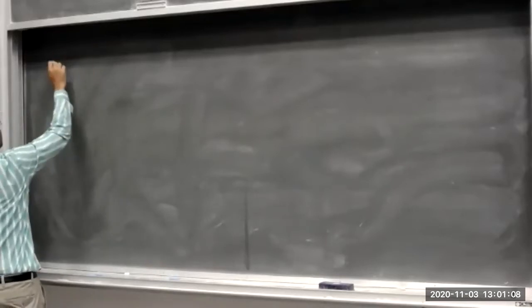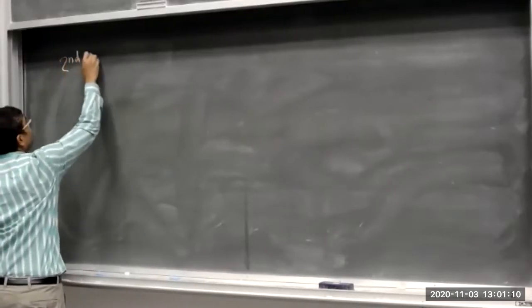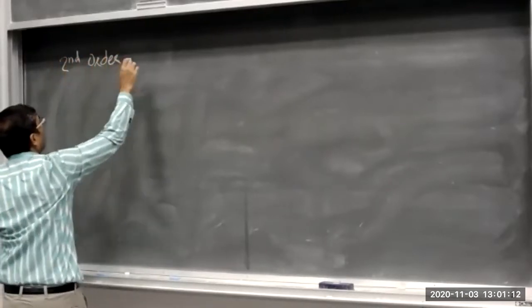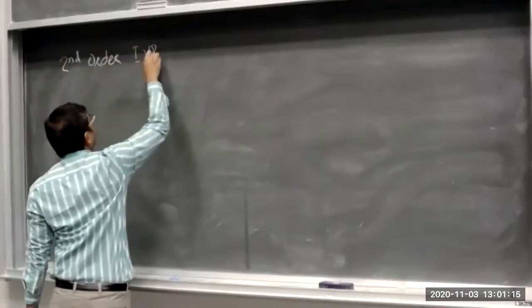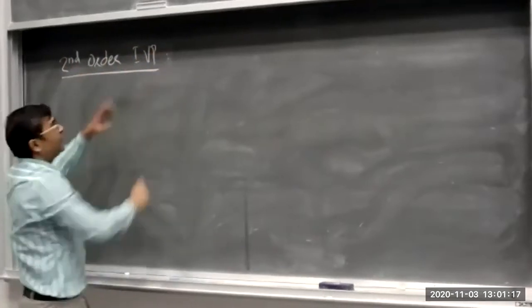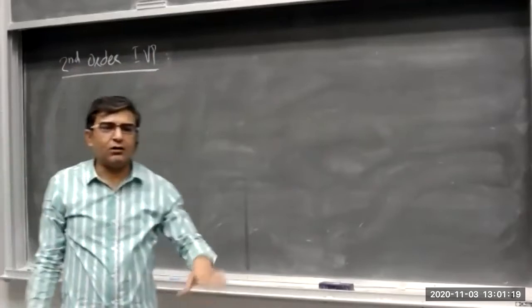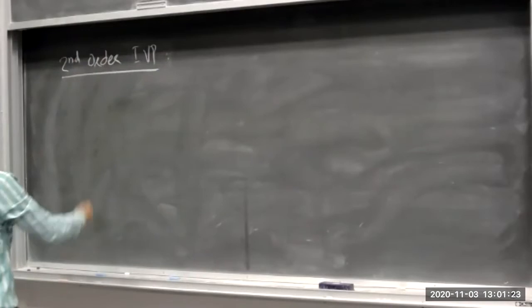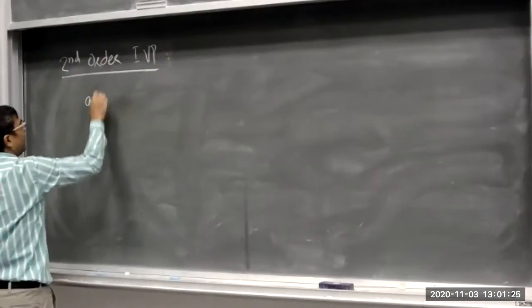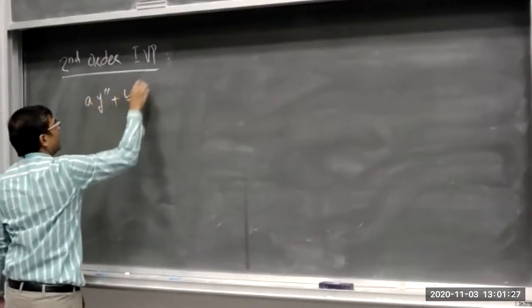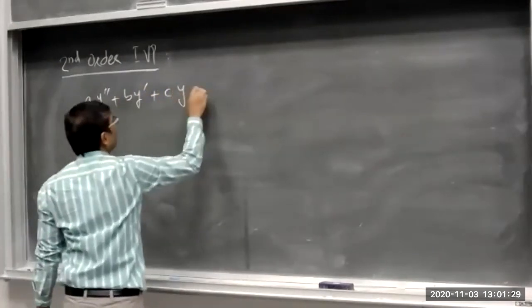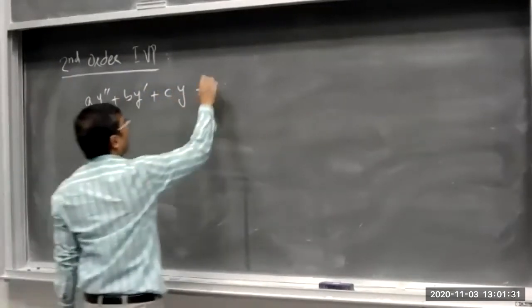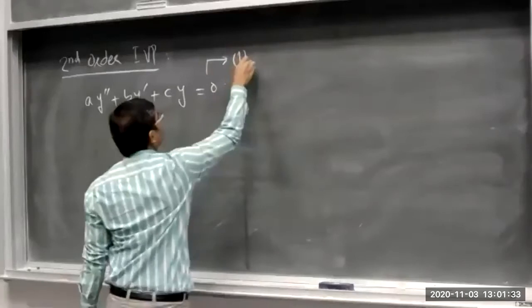Now come to the second order IVP, initial value problem, which is basically a second order linear homogeneous differential equation with constant coefficients. अगर आपके पास a y double dash plus b y dash plus c y equal to 0 है, by this equation is 1 again.